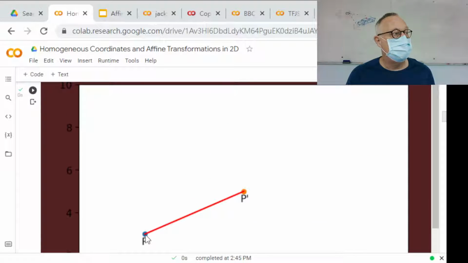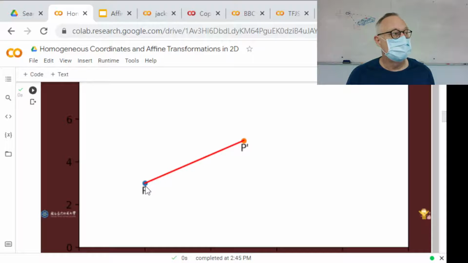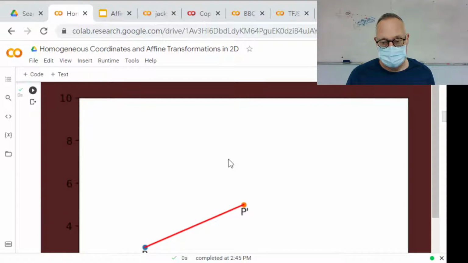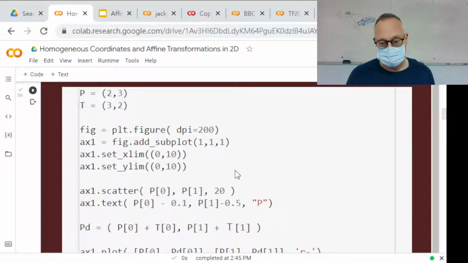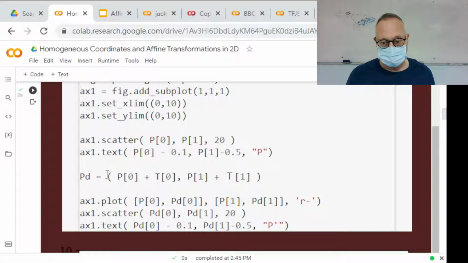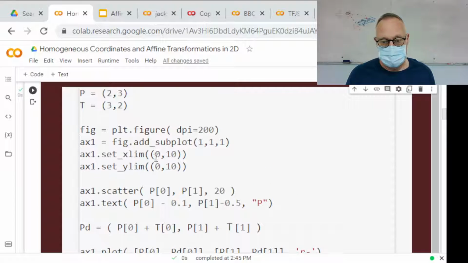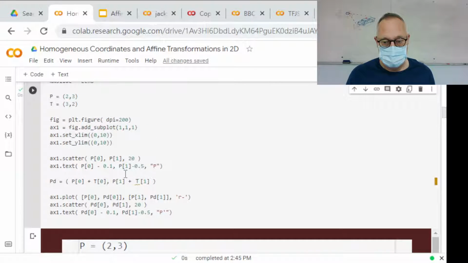Well, this is px, py. Tx, ty is... I can plot some more if you want to.